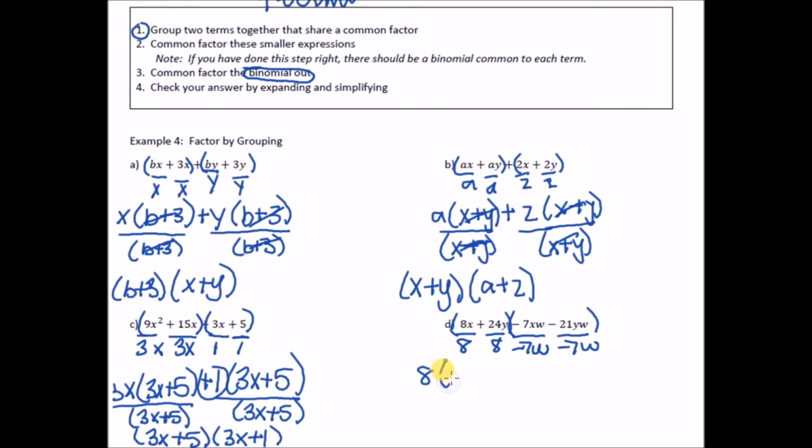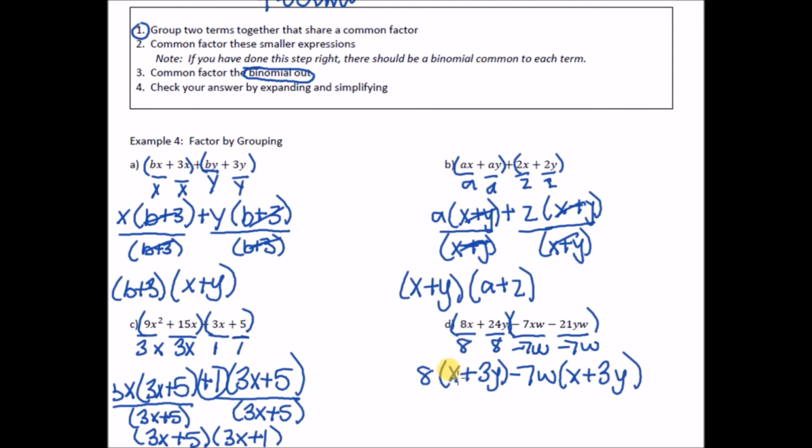Okay, we're left with x plus 3y, and negative 7 divided by 7 is just 1. W's go away, so we're left with x plus 3y again.